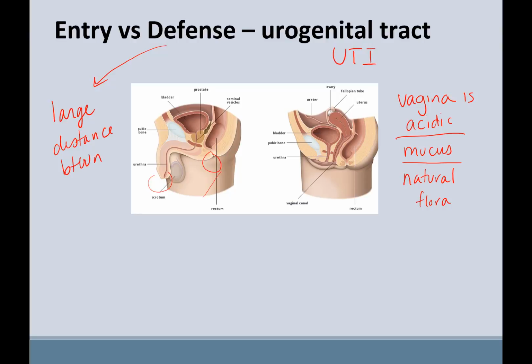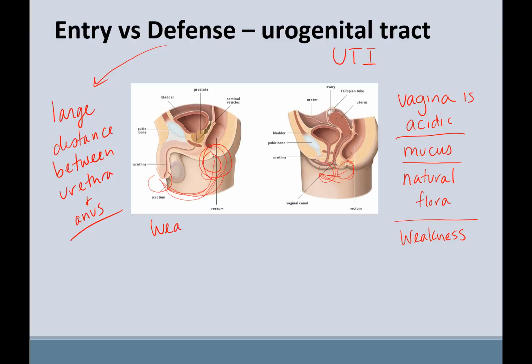Okay, so that means that as you're excreting all of that fecal matter that is full of bacteria, men don't have much of a chance of contaminating. For women, that's our biggest weakness, right? The anus is very close to the urethra opening, and so women have to be careful not to cross-contaminate themselves.